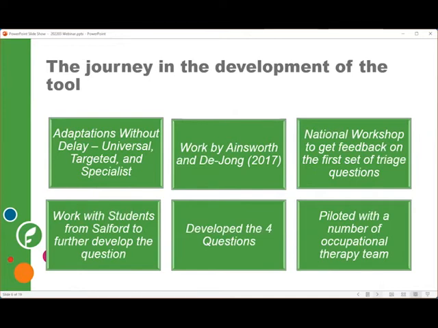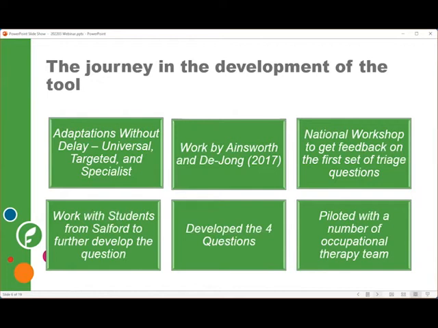We've used the work of Elizabeth Ainsworth and Desley de Jong from Australia, who have done a lot of research around what makes adaptations complex in terms of the different elements of the process. So we've used their work to help structure the questions around the Adaptations Without Delay framework.